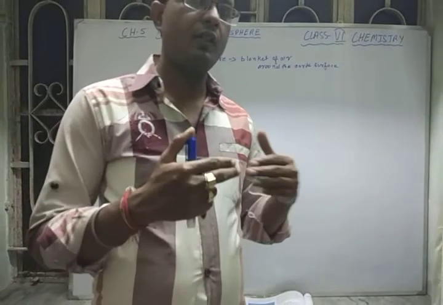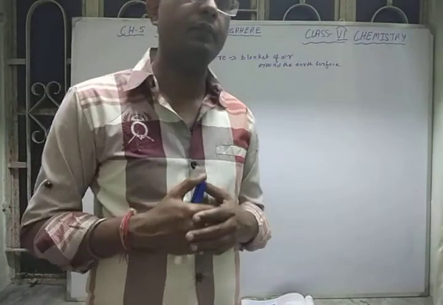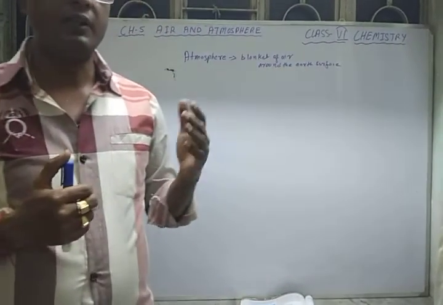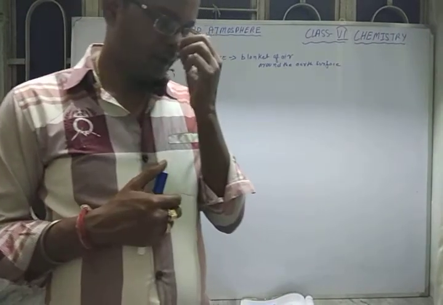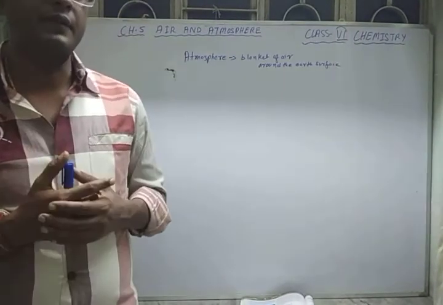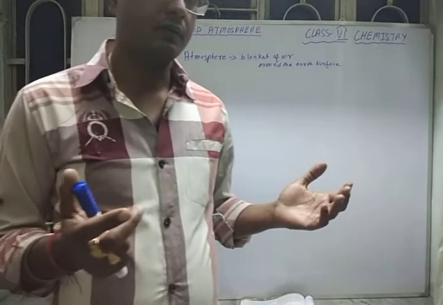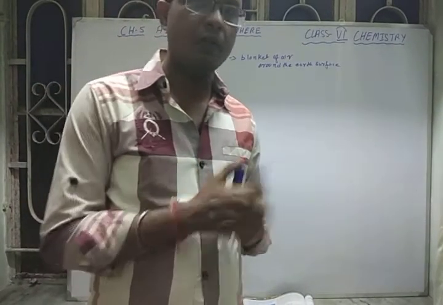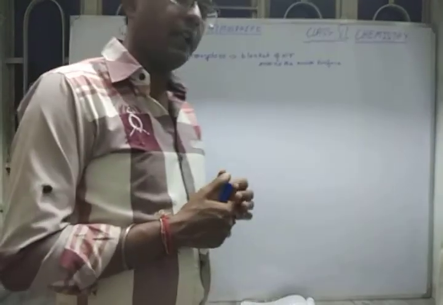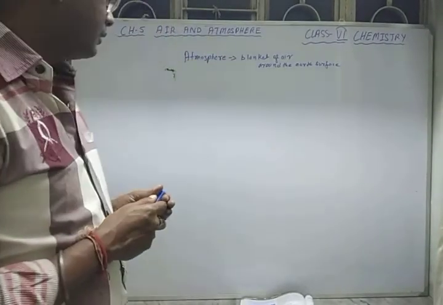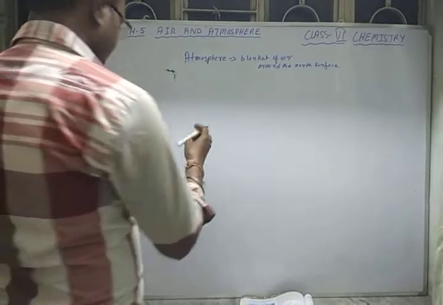After that, slowly, as we go high up, the air becomes less dense. And according to that, the layers of the atmosphere are divided into different groups, okay.